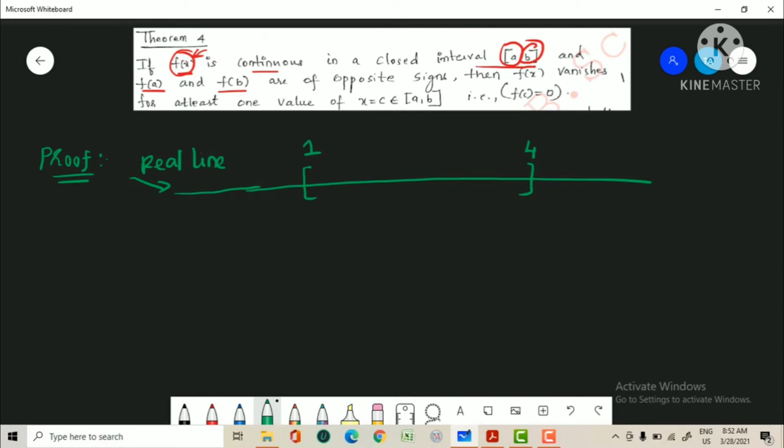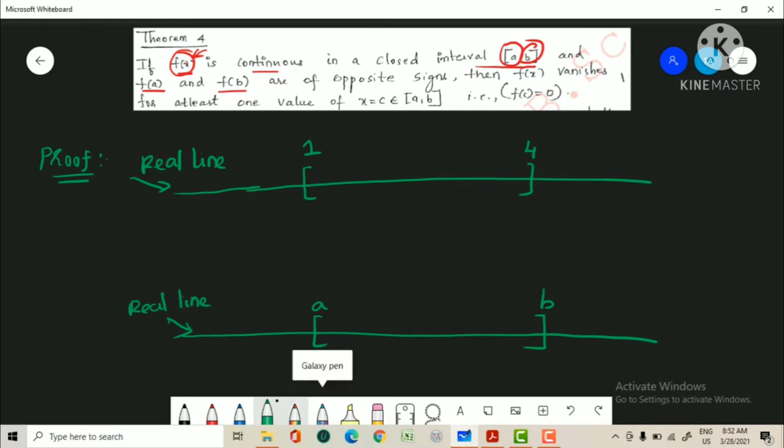Okay, like that in general, if this is your real line, in general you should think there is an interval a comma b. So he is saying function f of x is continuous in a closed interval a comma b. So we have taken this a and b in general.